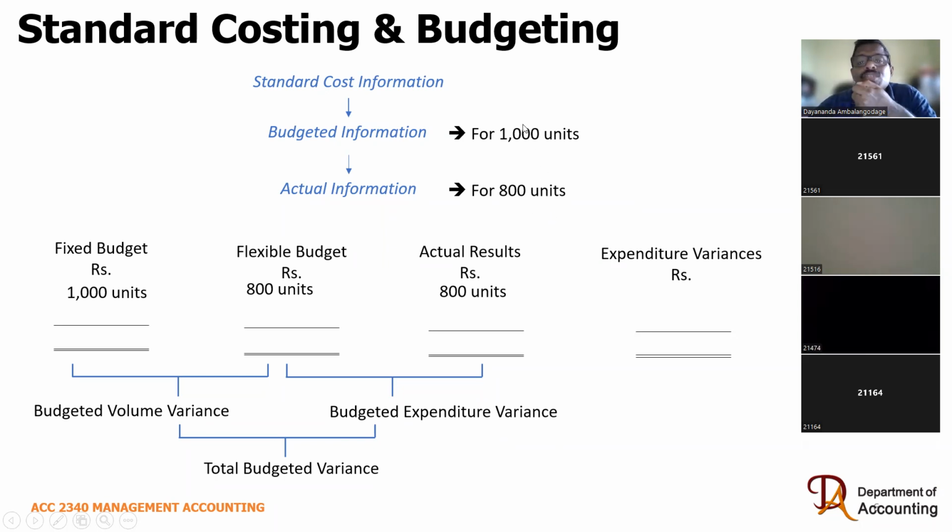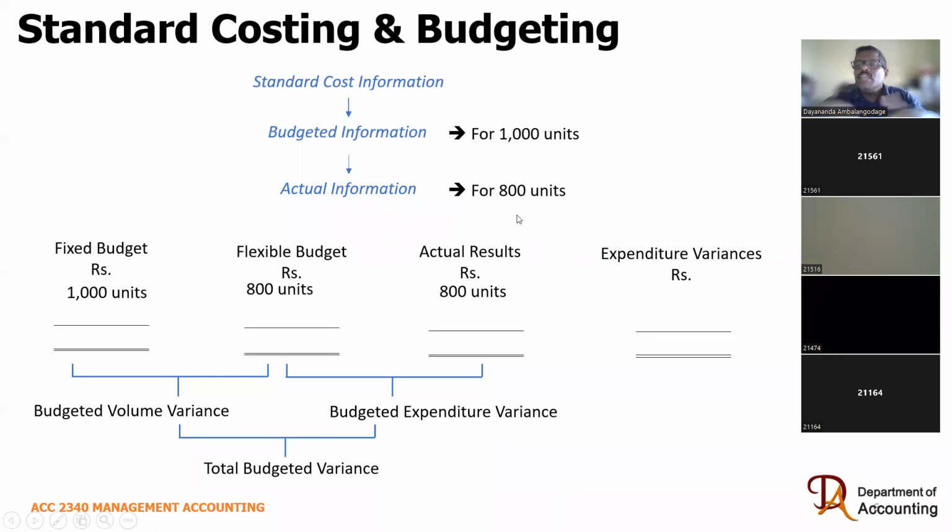But now you see these two documents cannot be compared. Why? Because this is for 1,000 units, this is for 800 units. The budgeted information consumes resources for 1,000 units, but actual resource consumption is not for 1,000 units, it is for 800 units.